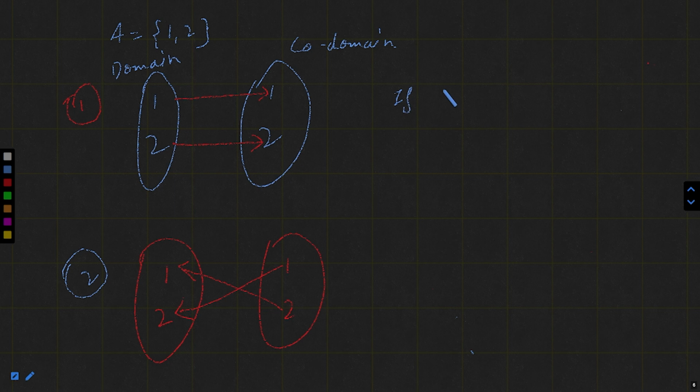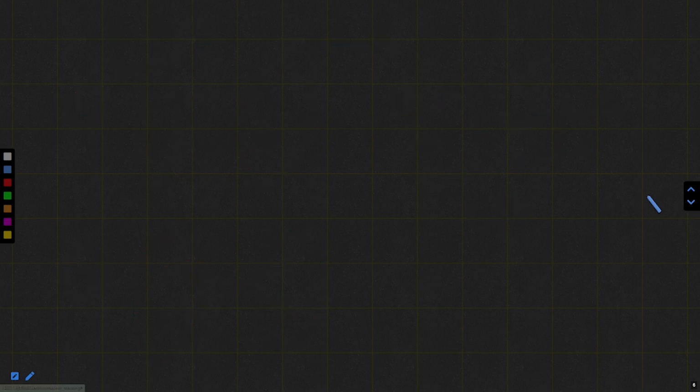If the number of elements in the set A is equal to 2, then the onto functions from A to A will be equal to 2. What about if A is {a, b, c}?